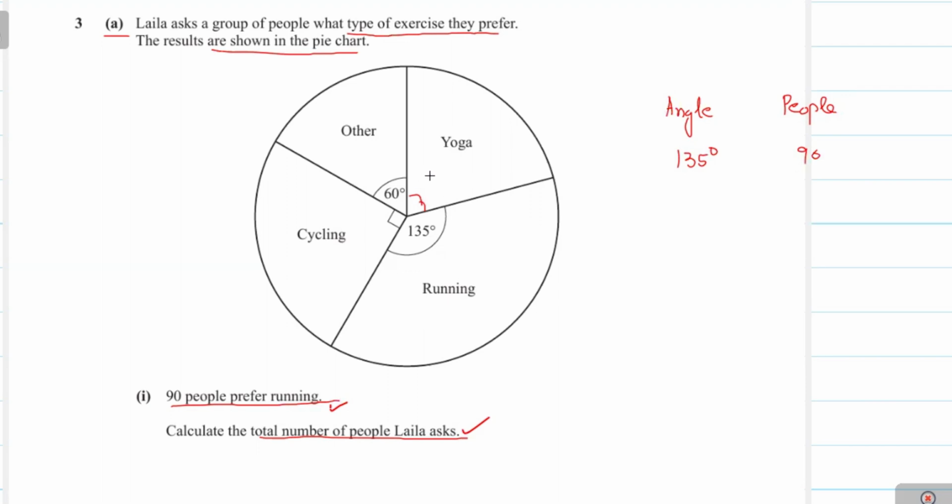You see here all people lie in this pie chart, and the total angle will be 360 degrees, and the total people we suppose is X. Now we take the ratio X over 90 equals 360 over 135.